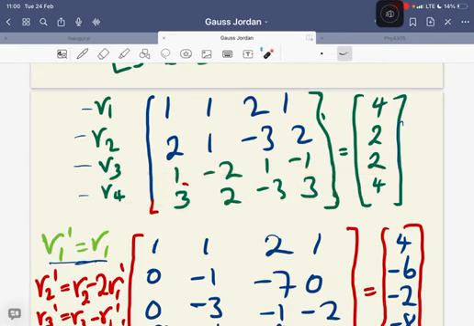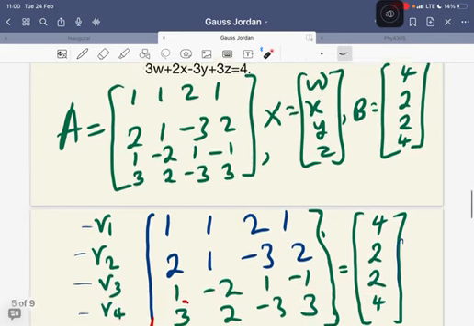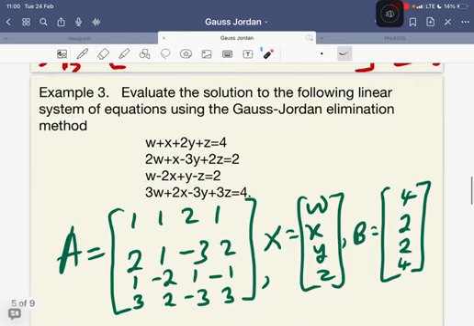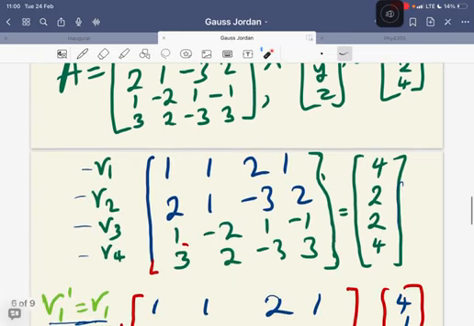When you go back to our arrangement, you will see that these are the coefficients of our variables w, x, y, z in equation 1, which is 1, 1, 2, 1. These are the coefficients of the variables in equation 2, and so on. So that's how our A is constructed.